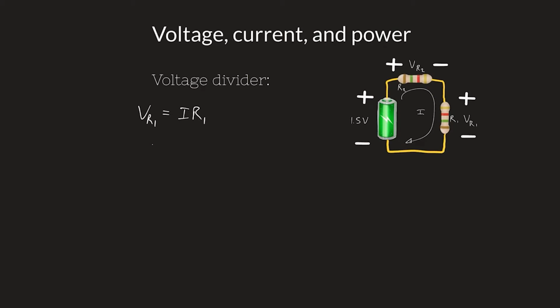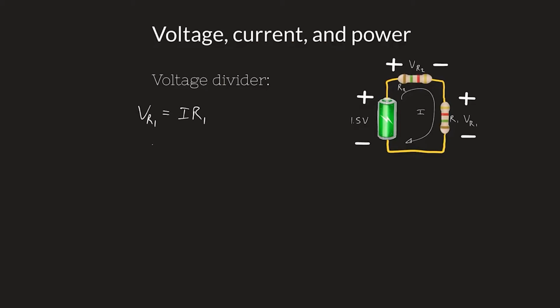Choose what you're going to label them as. In other words, just choose the labels. You're not actually choosing the voltages and currents, you're choosing the labels. And then once you plug in all the numbers, the signs will work themselves out, as long as you haven't made a mistake somewhere.